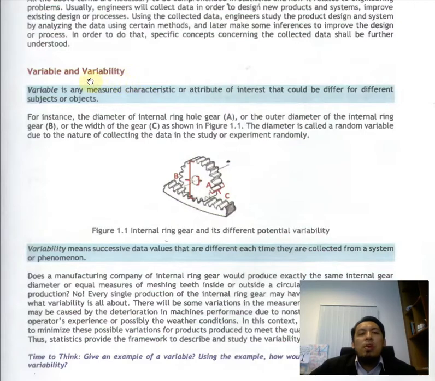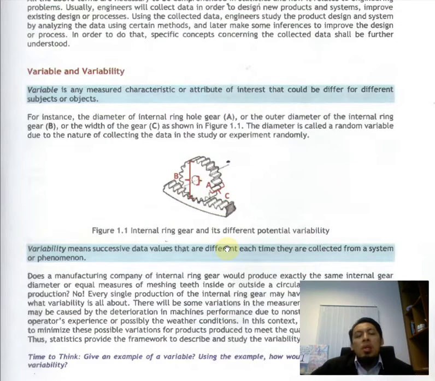Okay, so variability, right? The data values are different each time they are collected. Usually different. In data, we have several different kinds: nominal data, ordinal data. We're going to touch on it later, but data that is numerical and can be calculated has higher variability, because you can have decimal places.